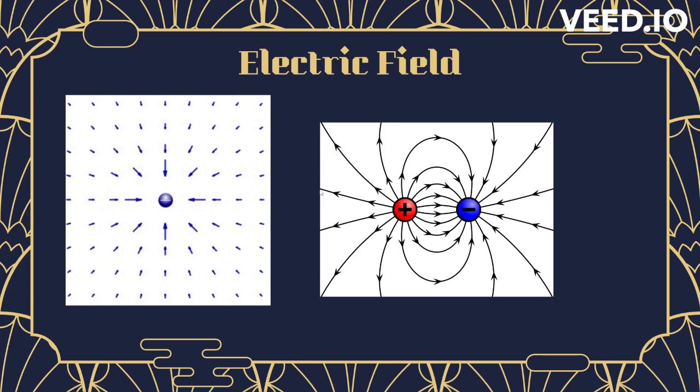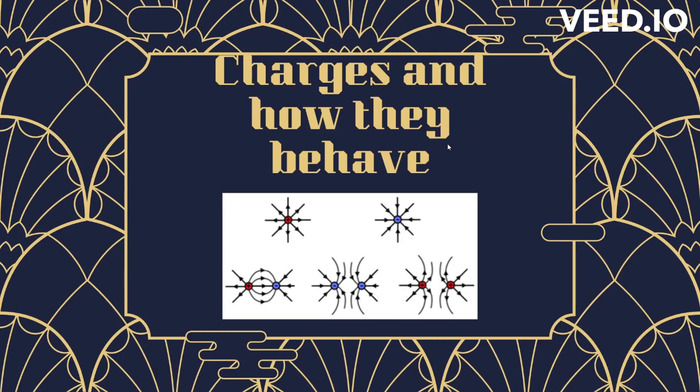So again, just briefly coming back to electric charges and how they behave. Like we mentioned before, the direction of the force is dependent on the sign of the charge, but also the magnitude of the force has to do with how much charge that particular particle has.